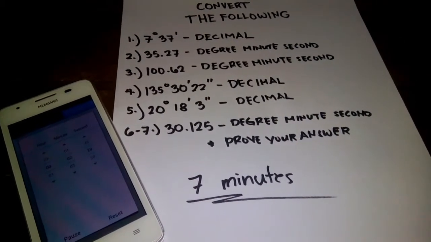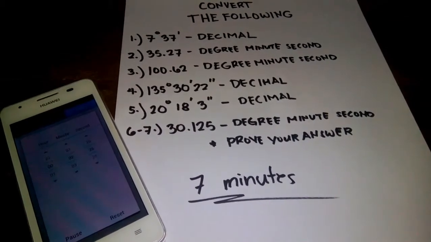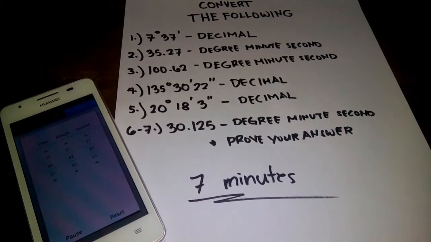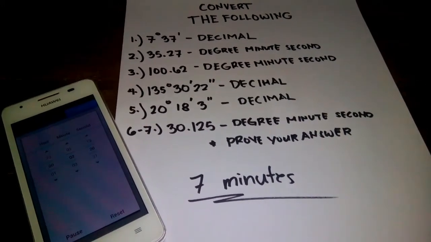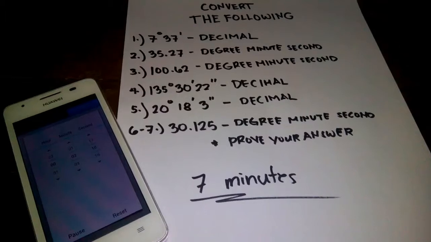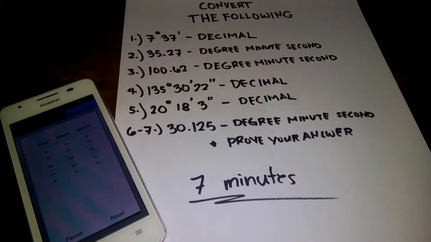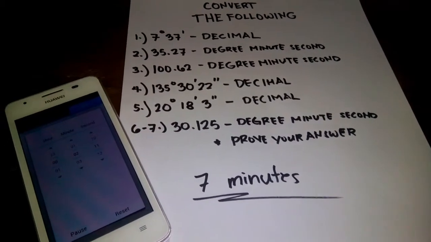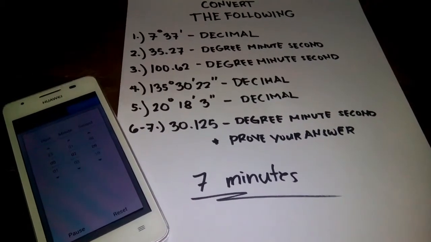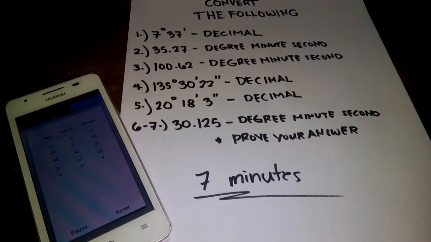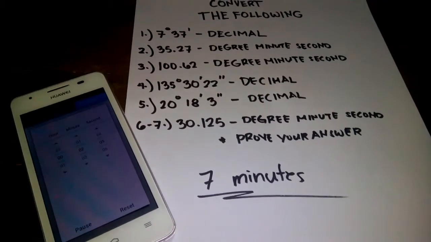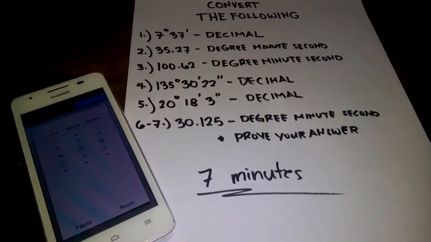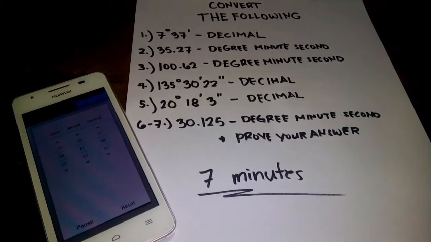Last 2 minutes and 30 seconds. I'm sure, guys, that these givens are too easy for you. By this time, you should be in given number 5 to 7. Last 1 minute.